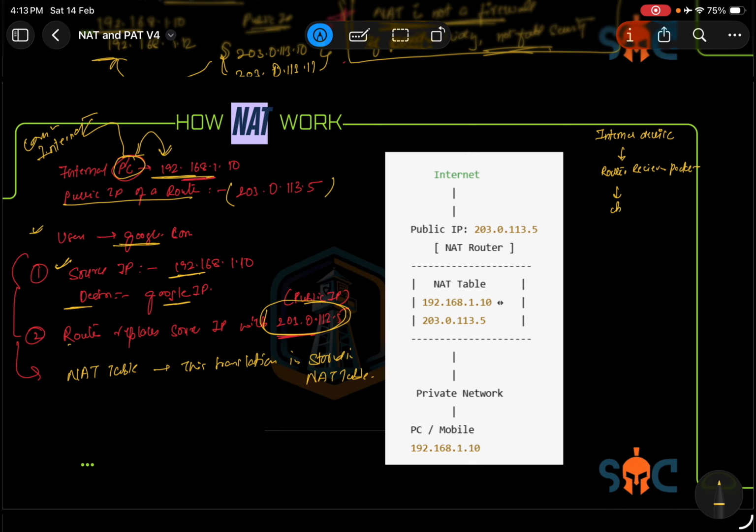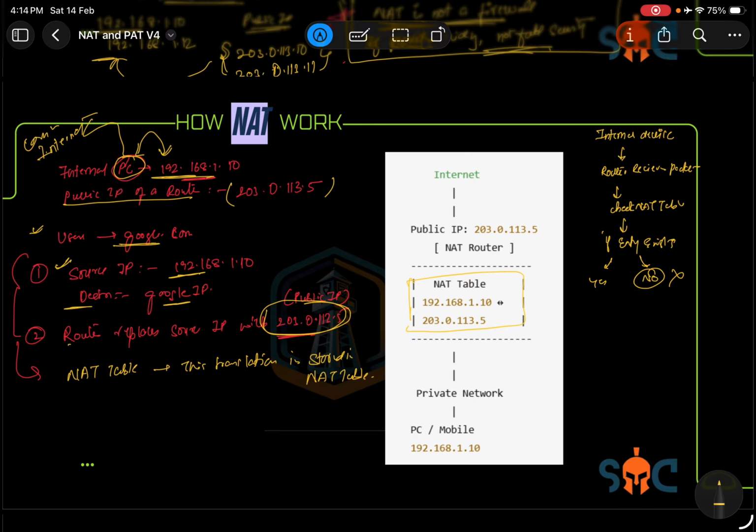It will check the NAT table. Okay, so there are two situations. If an entry exists in the NAT table, it will check for yes or no.